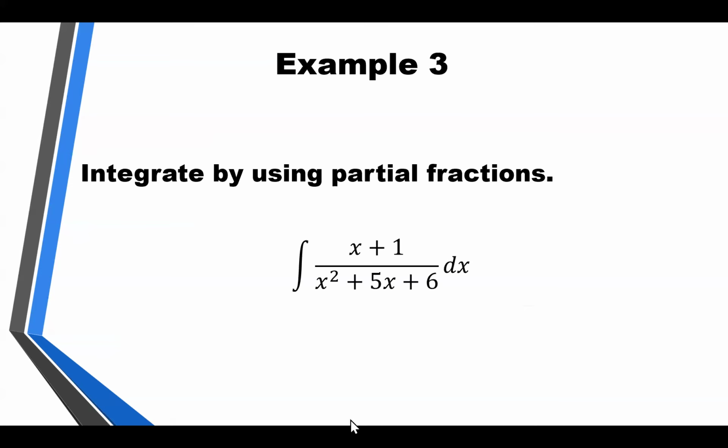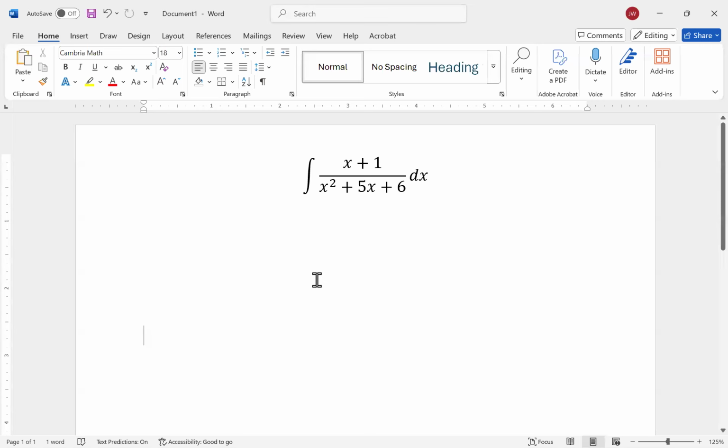So let's do an example here. Let's integrate this rational expression using the tools of partial fractions. We're going to integrate the quantity x plus 1 divided by the quantity x squared plus 5x plus 6. So let me do that. In order to do this, we're going to have to factor the denominator.